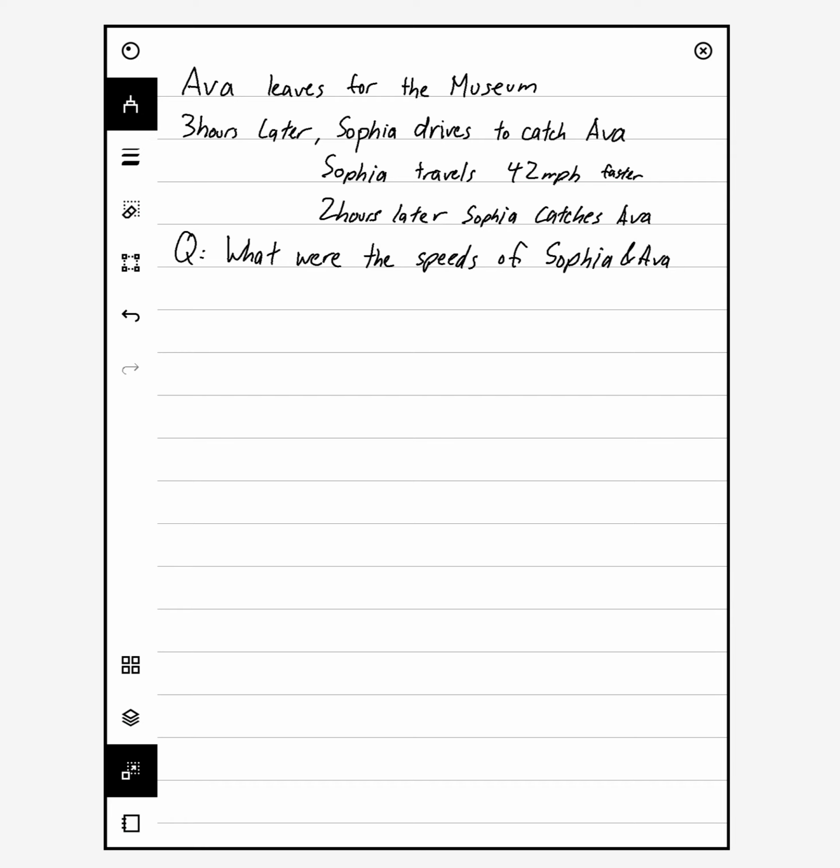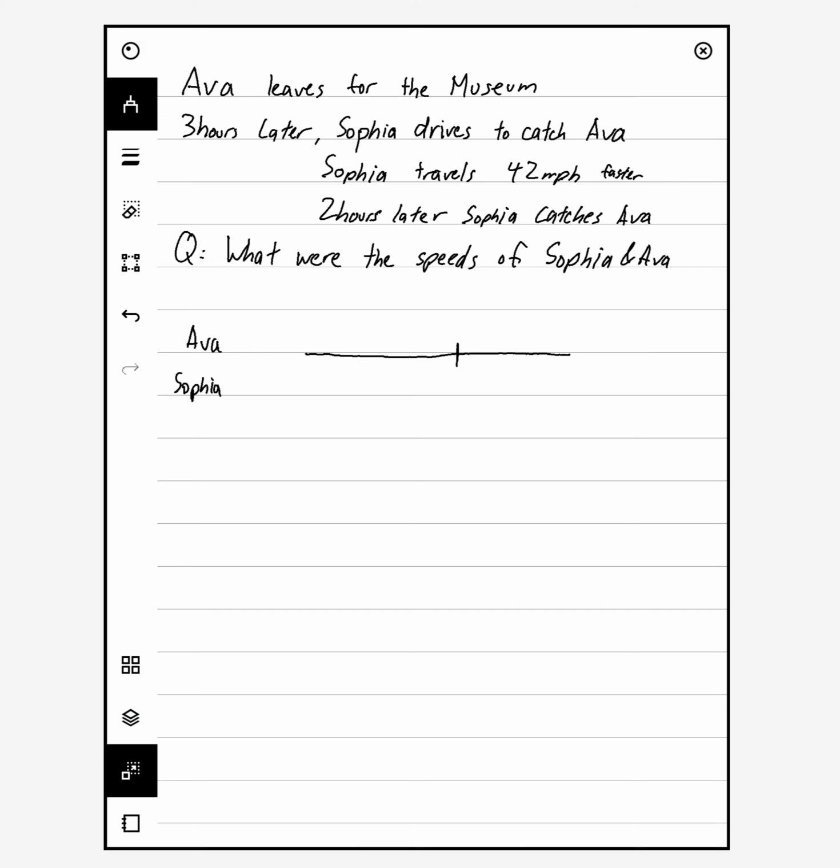Okay, so before we try and figure that out with some equation, let's just draw something. I'm going to draw something for Ava and then something for Sophia, and let's have them all work on the same line. Okay, I'm going to start here.